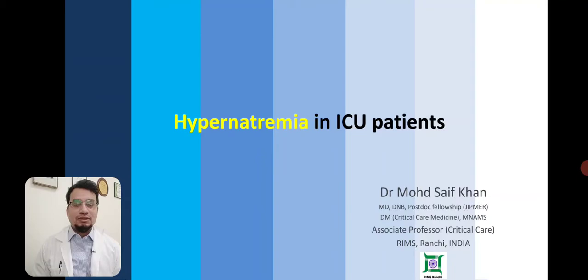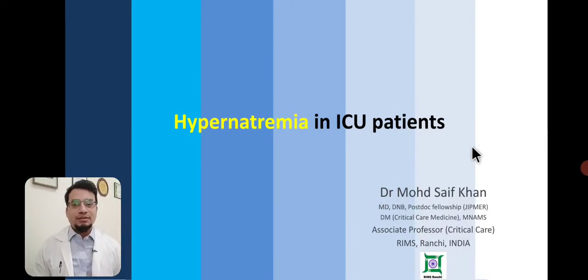ICU acquired hypernatremia is an independent predictor of increased mortality and ICU length of stay. So in this video presentation, I will try to enumerate and discuss its causes, symptomatology, management and follow-up.